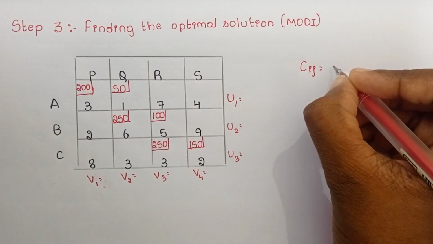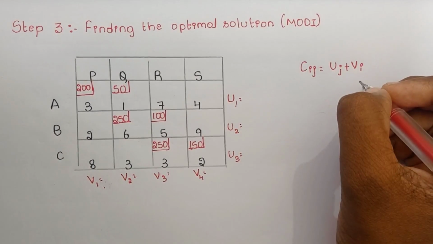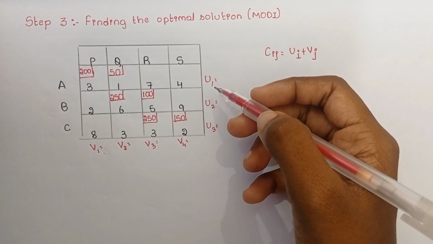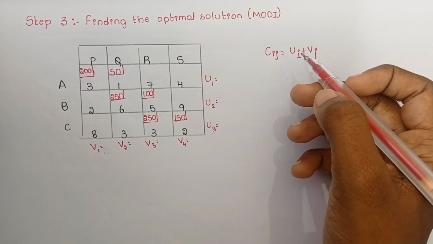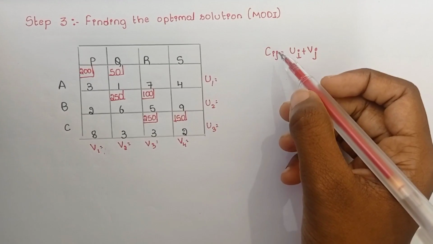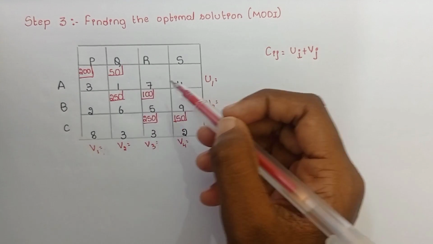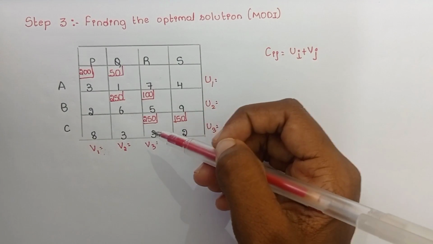So the formula is Cij is equal to Ui plus Vj. Here Cij means the values inside the matrix, like 3, 1, 7, 4, 2, 6, 5, 9, 8, 3, 3, 2.